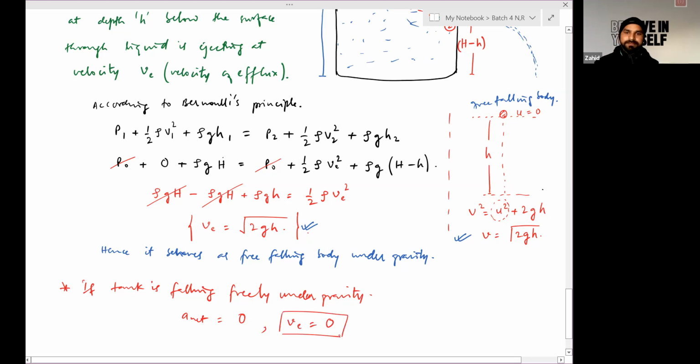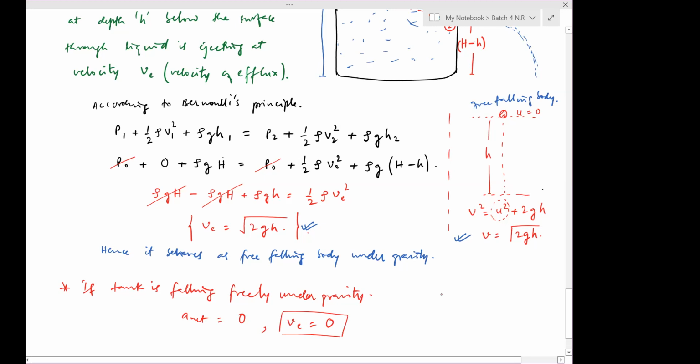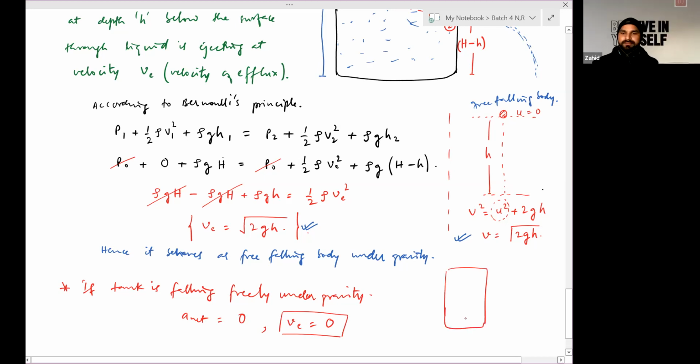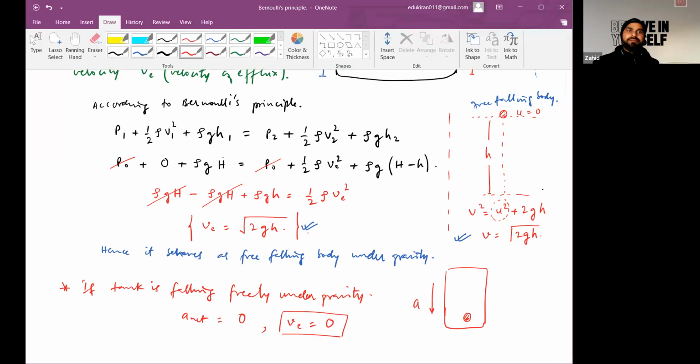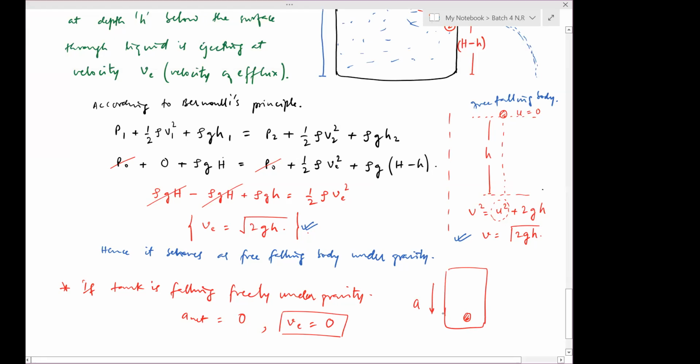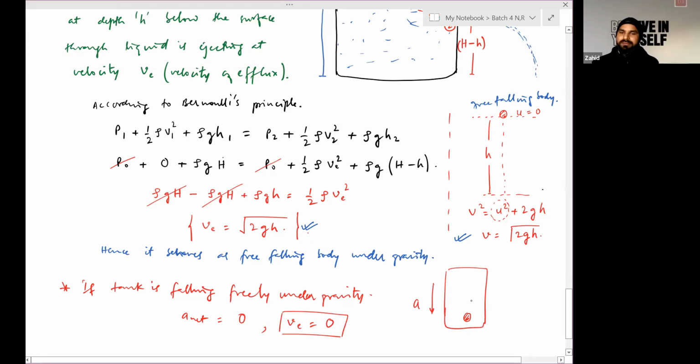Is it clear? But why is the net acceleration 0? Suppose this is your system and there is a body inside it. If you're going downward with some acceleration a, according to the concept of pseudo force, do you know the concept of pseudo force? If a system accelerates downward, there will be some force developed on this particular body, which will tend to move it opposite to the system.